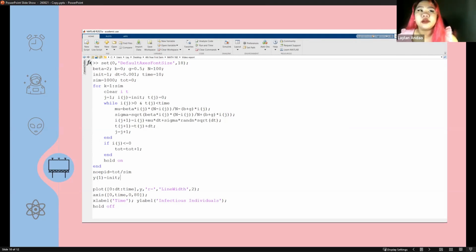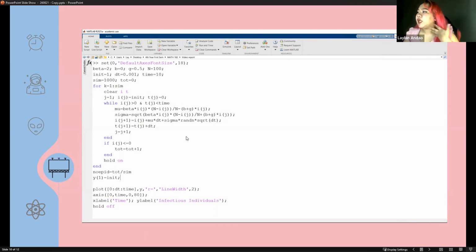Etong sigma naman dito is the square root of the contact rate times infected individual times the difference between the population N and infected individuals Ij all over the sum of population N and the sum of recovery and infection rate times infected individuals Ij. So, ito naman dito is from iterative conditions lang, iterative conditions para ma-save siya. Then, etong no epidemic dito is parang rate na probability na walang epidemic na mangyayari. Okay, so tapos ito is plotting command.